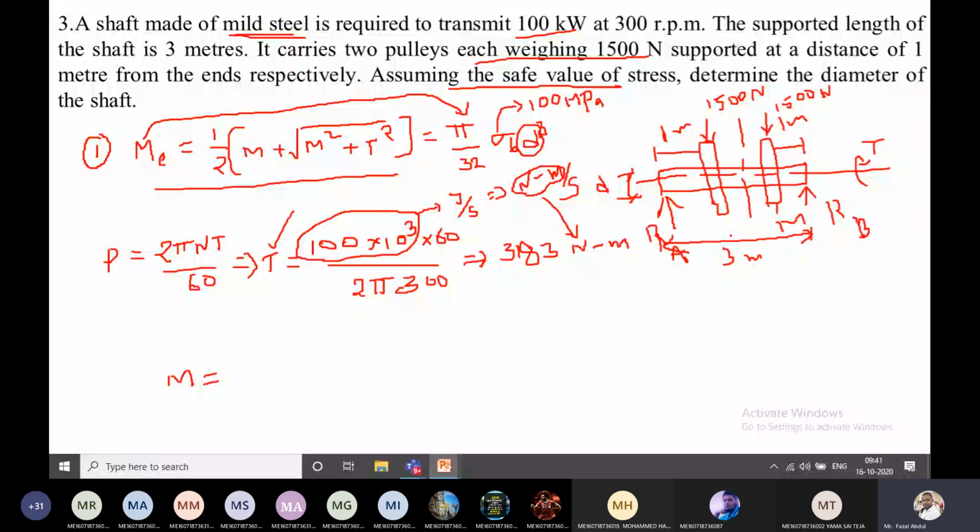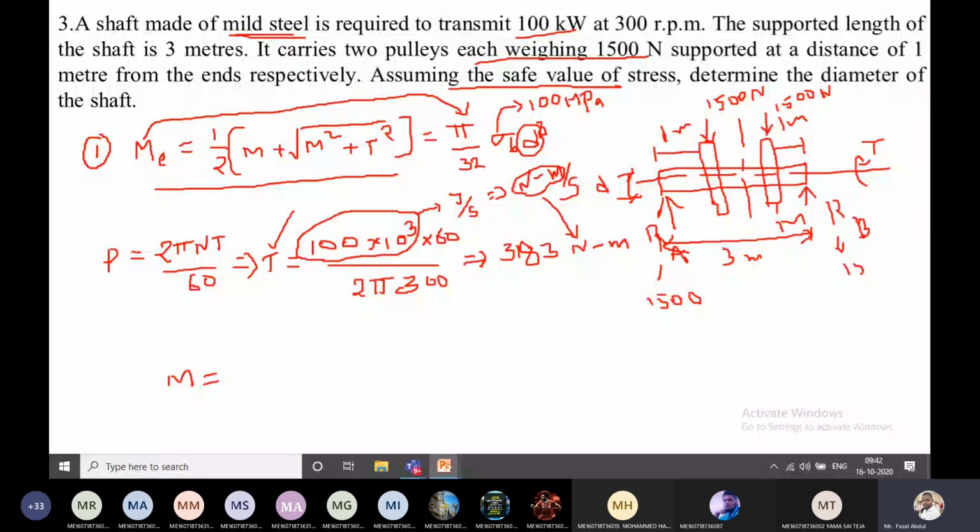So total load is equally distributed: reaction at A is 1500, reaction at B is 1500.